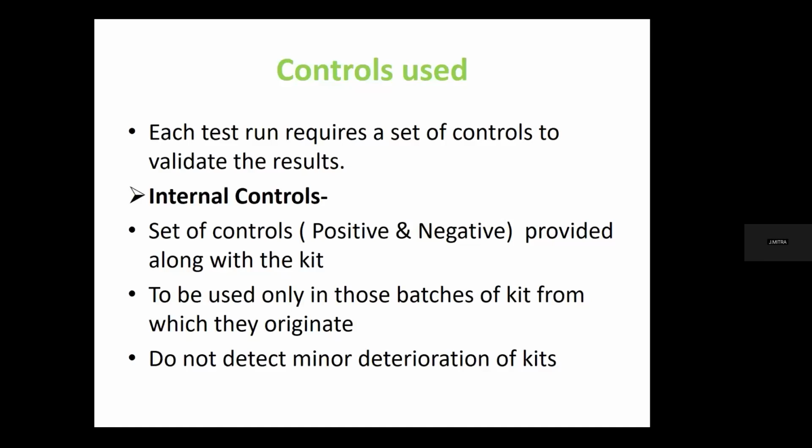There are two sets, the positive control and the negative control, and they can only be used for the batches from which they originate. But the problem is that they cannot detect minor deterioration of the kits.